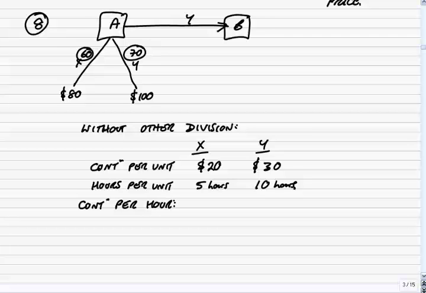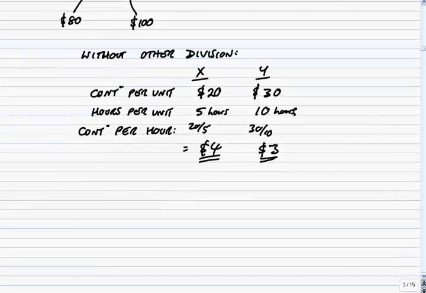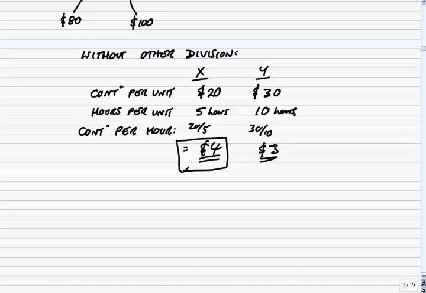Each unit of X gives $20 but takes 5 hours, so each hour spent making X generates $4. Whereas product Y, $30 from 10 hours, $3. And so with limited hours, surely we'd use all our hours producing X, and we generate $4 for every hour.